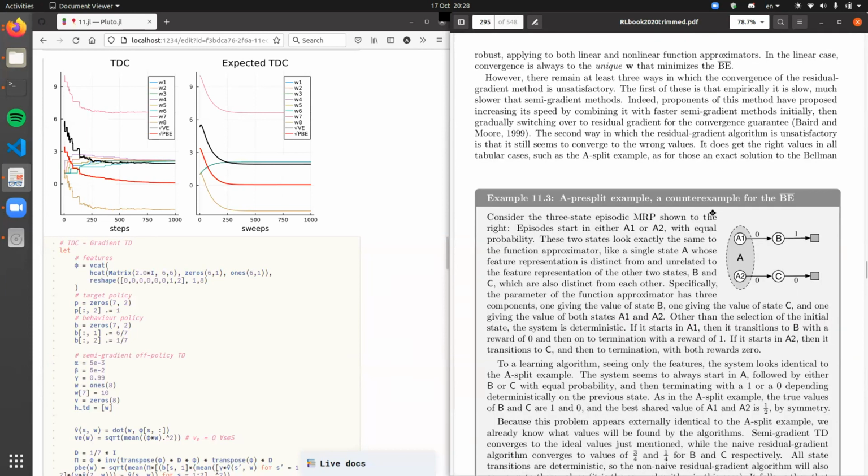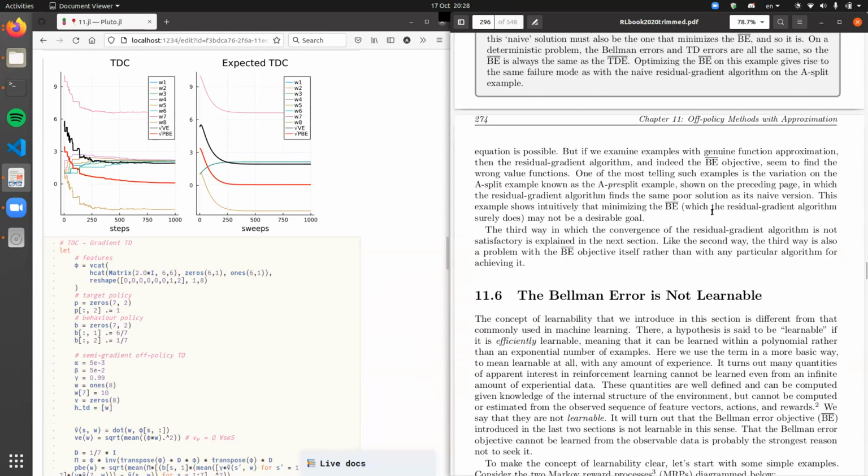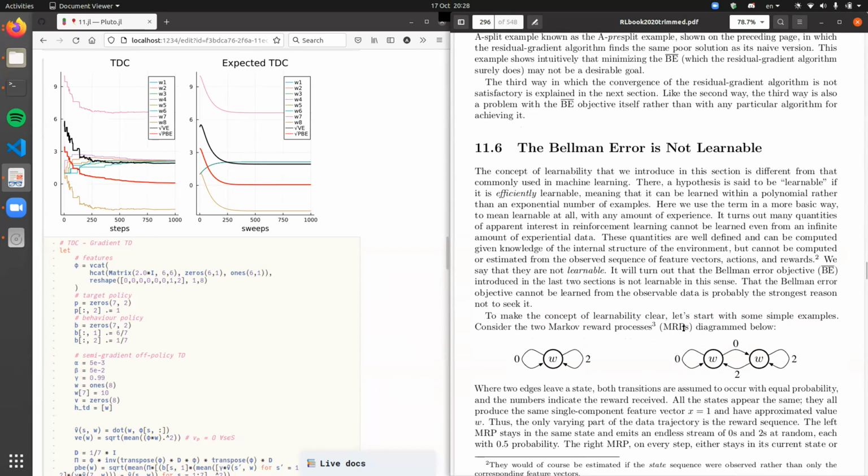And essentially, they drive us to this problem that Bellman error is not learnable. And what learnable means in this case is that it cannot be identified. So we cannot identify a unique value for Bellman error from the data.